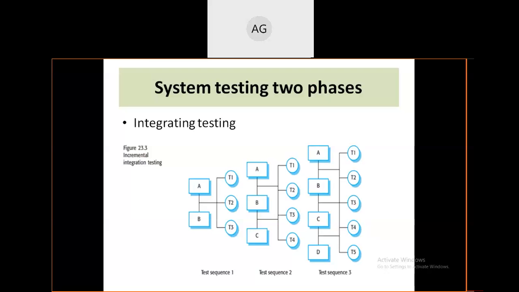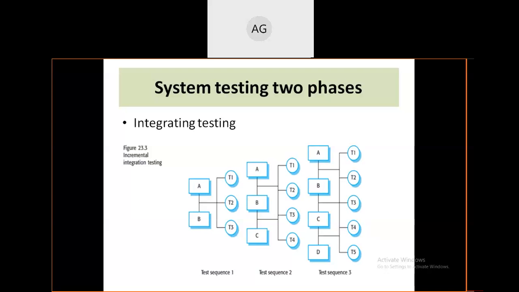You can repeat it, which ensures that if there is any unexpected interaction between A and B, it is caught. A and B normally are in test sequence one. First it takes the minimal sets: A takes T1 and T2, and B takes T2 and T3.